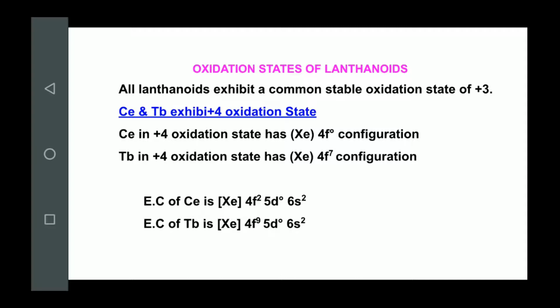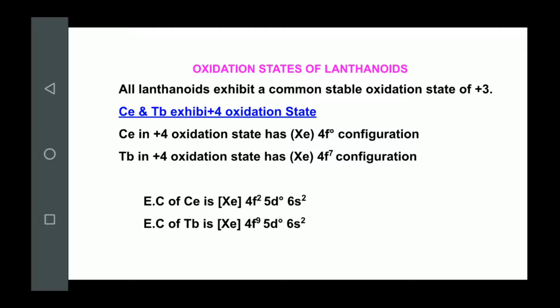Now look at their general electronic configuration first. The electronic configuration of cerium is given as xenon 4f2 5d0 6s2. Now if cerium loses 4 electrons, the electrons will go from the 6s orbital and the 4f orbital. So when cerium does that, it will have an empty 6s orbital and it will have an empty 4f orbital also.